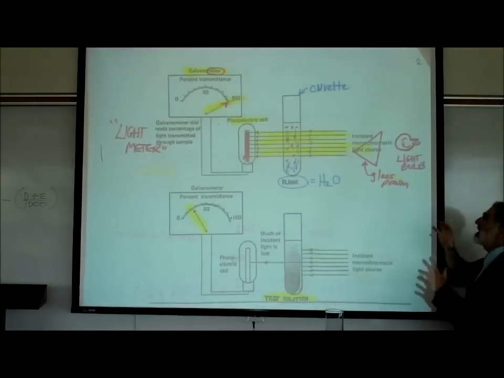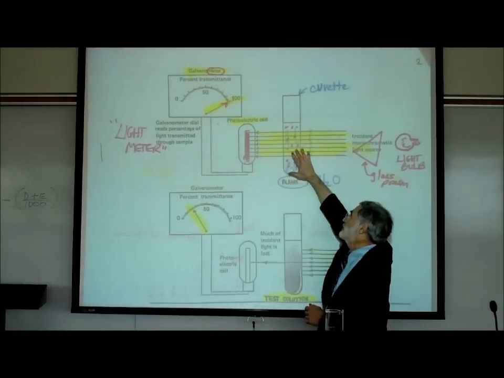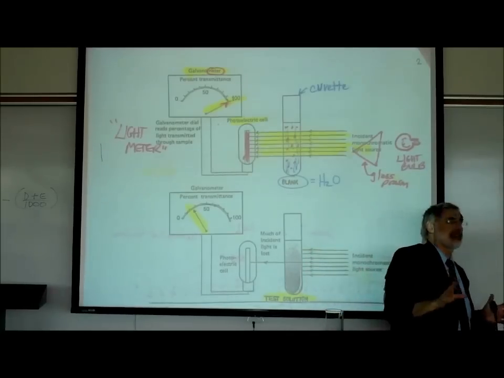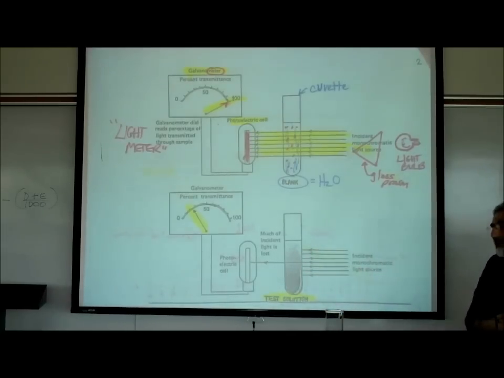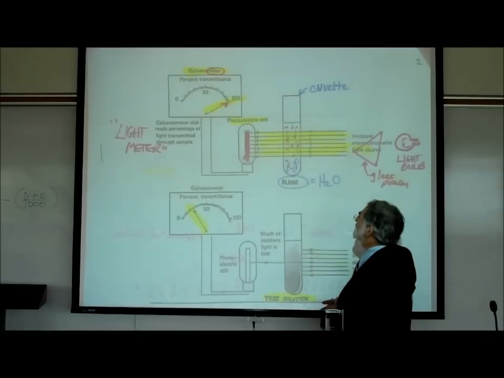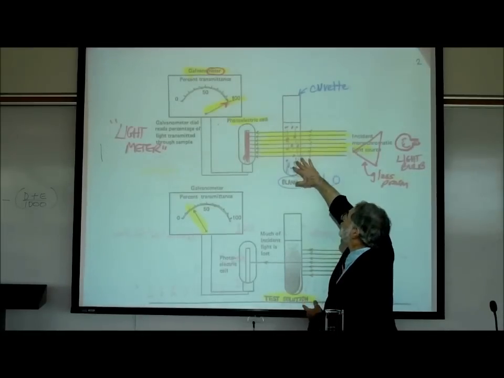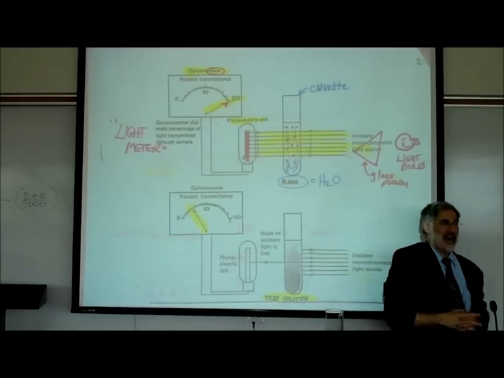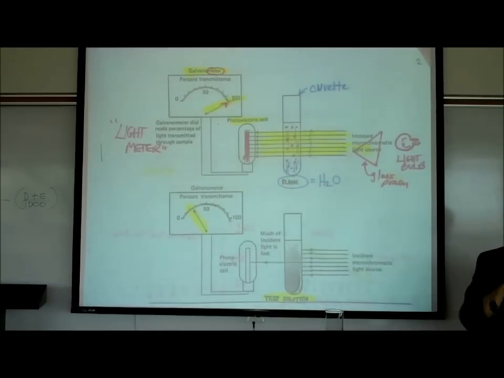Now, let's imagine that instead of having just water in the test tube, what if we put sugar in the test tube? What do you think is going to happen the more sugar there is in this solution? How is that going to affect the amount of light passing through? Less light.